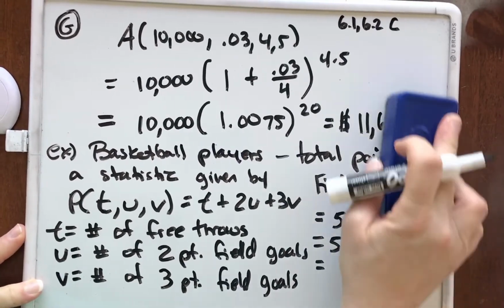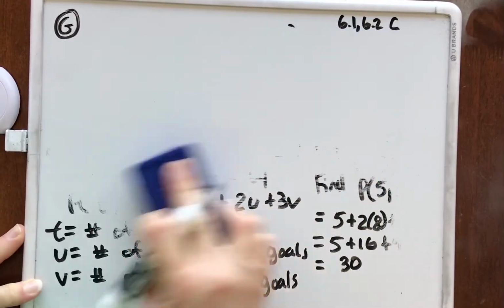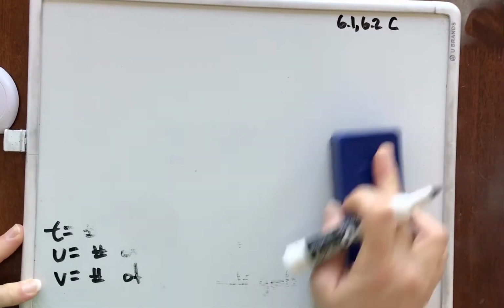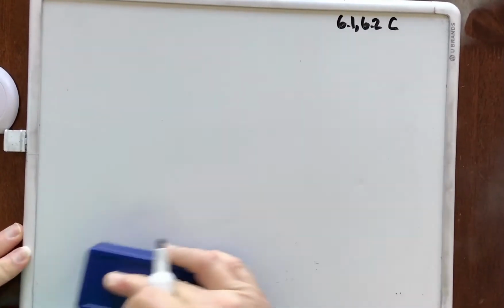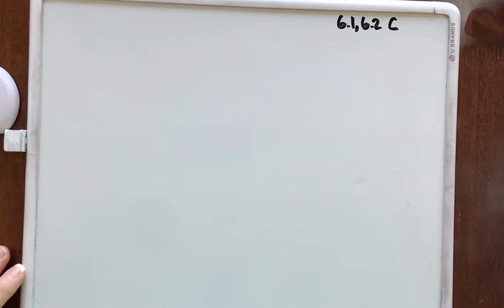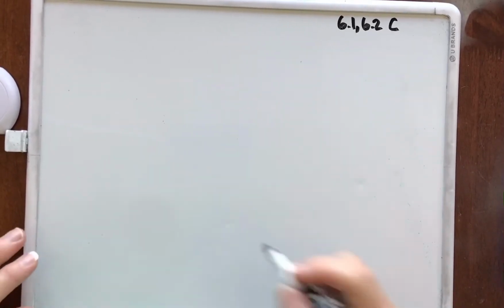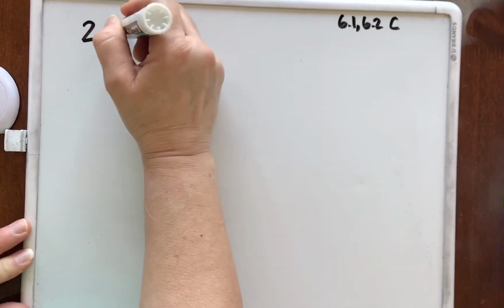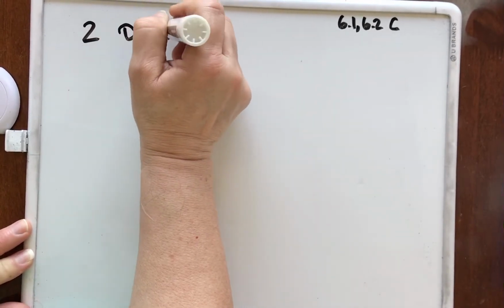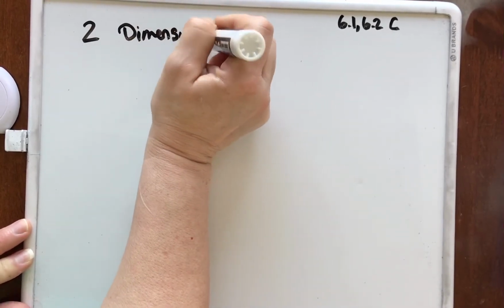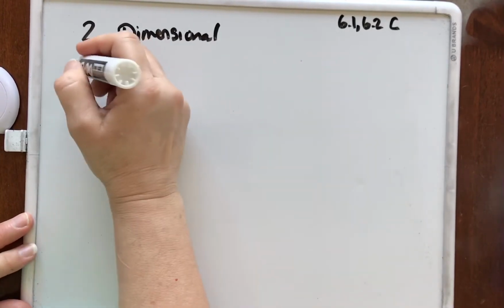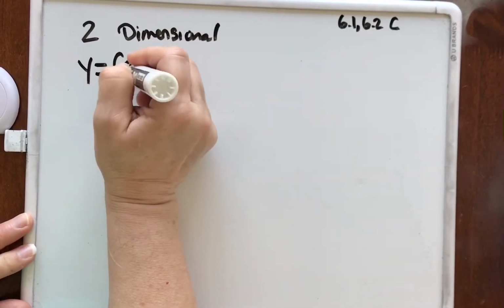I'm going to talk about 2-dimension and 3-dimension. We've been dealing with 2-dimensional graphs, and now we're going to deal with 3-dimensional graphs. So let's give an example. Here's a 2-dimensional graph. We have y equals f of x.